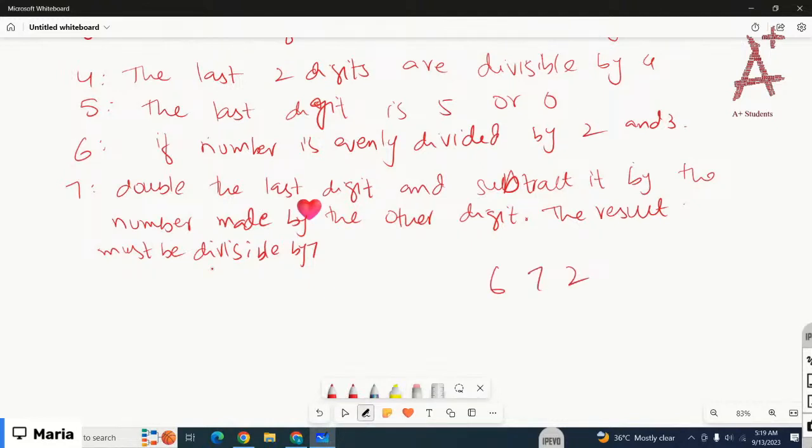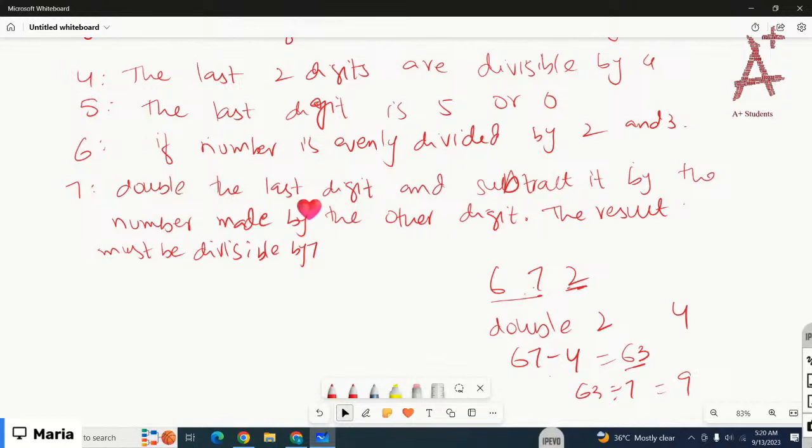Double the last digit. The double of 2 is 4. The rest of the digits make 67. Subtract the 4 from the number made by the other digits: 67 minus 4 is 63. The result must be divisible by 7. Just see, 63 is divisible by 7. Yes, 7 times 9 is 63. That means yes, the number 672 is divisible by 7, right?